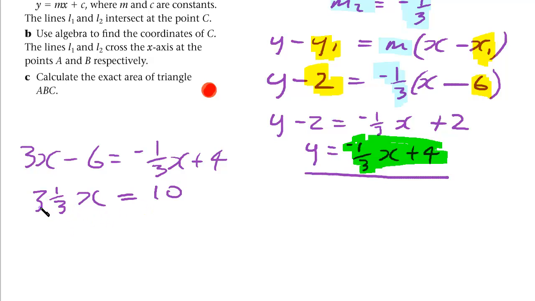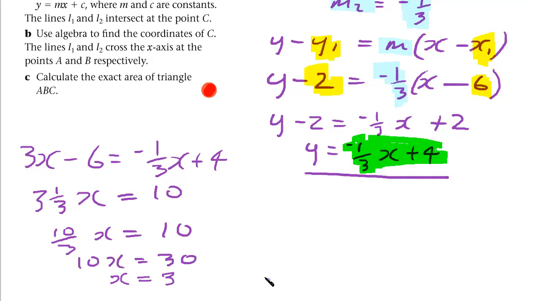So how are you going to do this? Well, 3 is 9/3, and this is 10/3, therefore. If that's 9/3 and you've got 1/3, you get 10/3. Then suddenly this all becomes a lot easier to work out. Times that by 3, you get 10 on this side and 30 on that side. Divide by 10, you get x is 3.